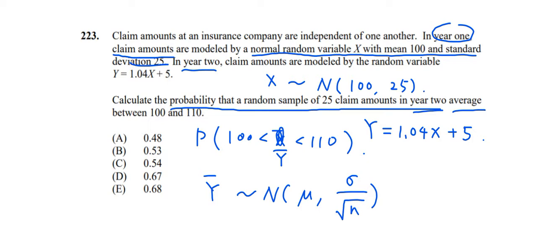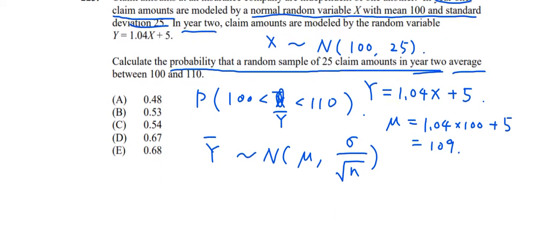So what is mu for y? Mu is just equal to 1.04 multiplied by mu for x. Mu x is 100, plus 5, so this is 109. So the mu is 109.